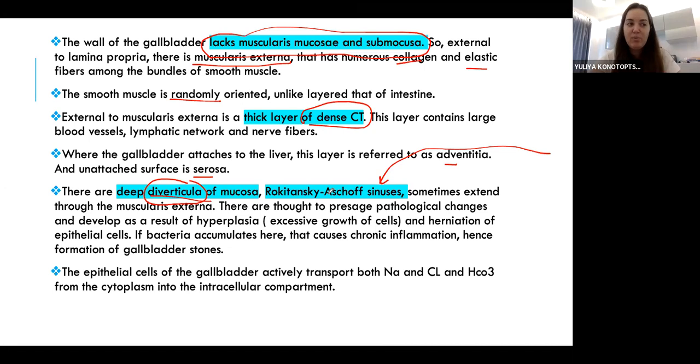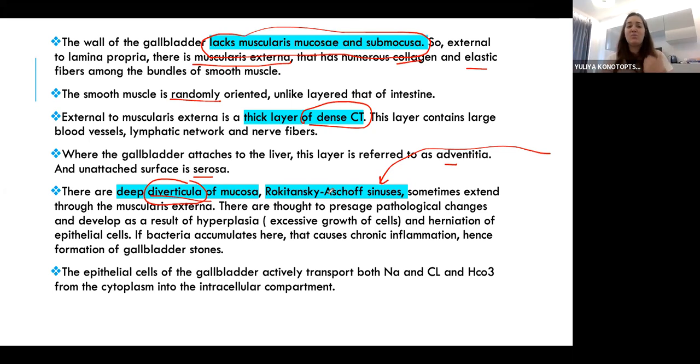The problem with Rokitansky-Aschoff sinuses is that they are a very nice environment for accumulation of bacteria, because think about it: if it is protruding deep into the wall of the gallbladder, it's like a very deep sac, like a deep bucket, which is just waiting to be filled by something. Like what? Bile, bacteria, cholesterol, calcium. These weird things like to accumulate in those places.